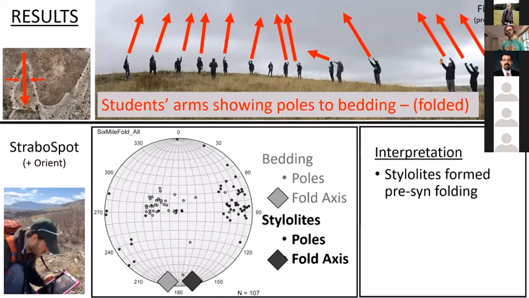The initial interpretation for our structural geology class is that the stylolites seem to have formed either pre- or syn-folding. This is a pretty simple interpretation, and it's a really good project to get the students into Stereonet with a fairly well-behaved and simple database that still tells an important story.